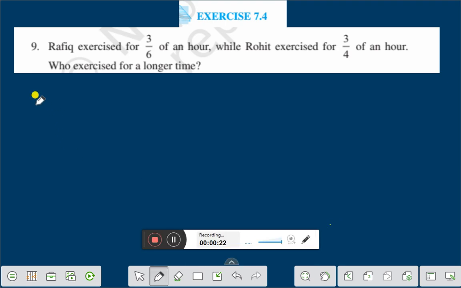Now, Rafik exercised for 3 by 6 of an hour.